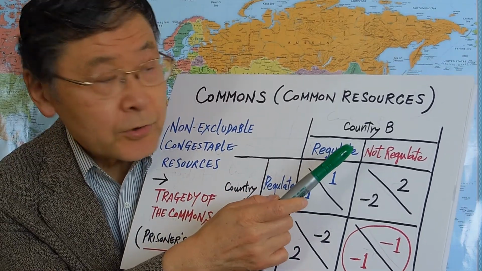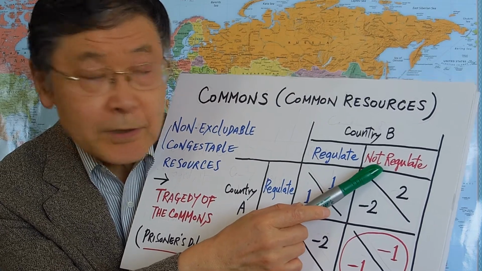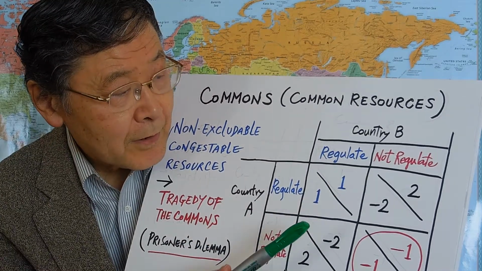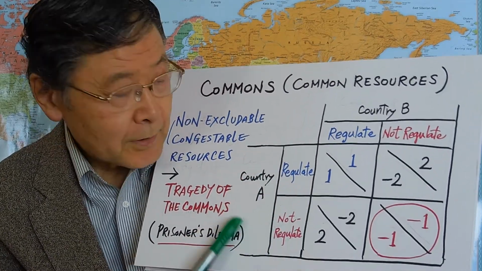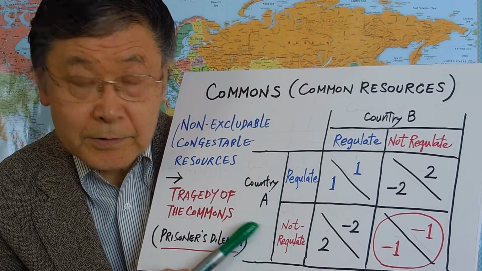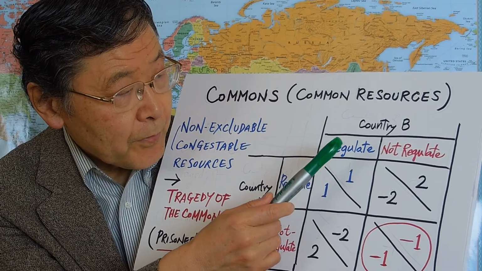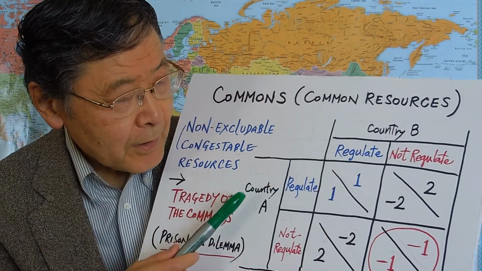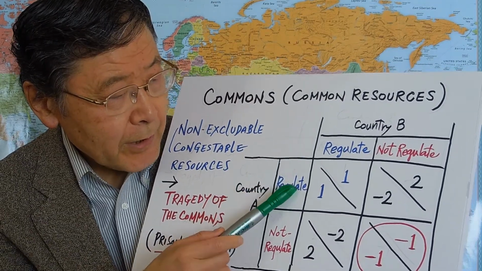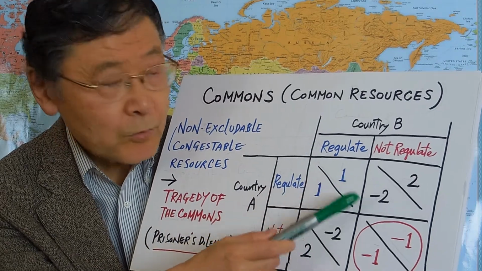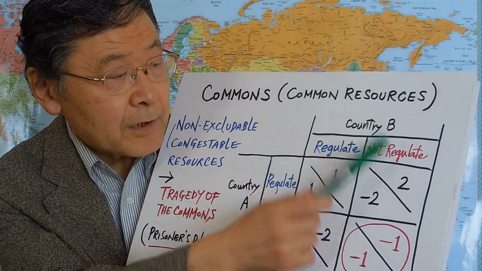Country B tends to choose this strategy, that is, not to regulate, regardless of country A's strategy, because country A will prefer not to regulate. If country A regulates, then all the costs will be borne by country A, and country B can free ride.